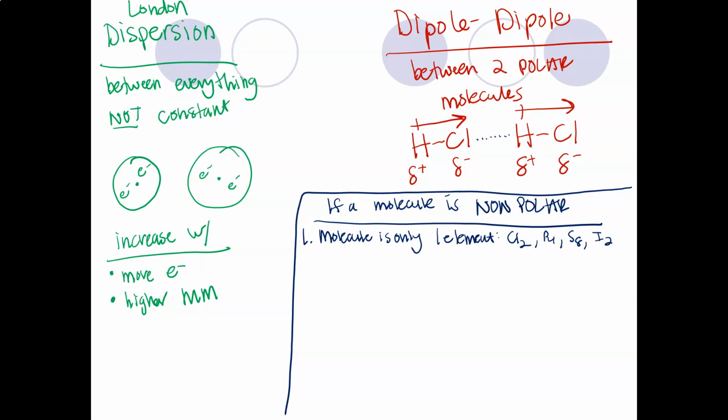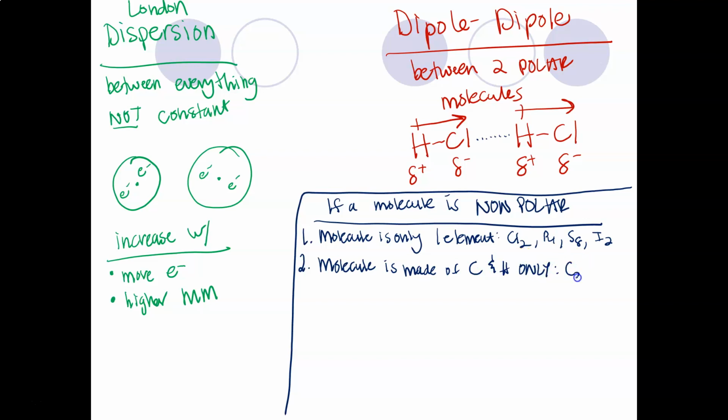That's automatically nonpolar. Because who's more electronegative, fluorine or chlorine? Well, they're the same. So neither one's going to be the minus end or the positive end because they're both the same. Okay. Secondly, if a molecule is made of carbon atoms and hydrogen atoms only.